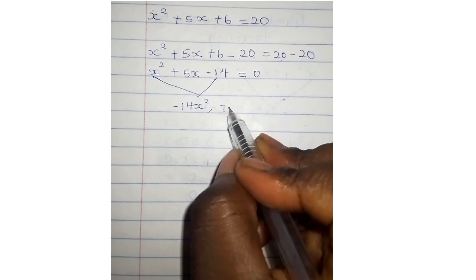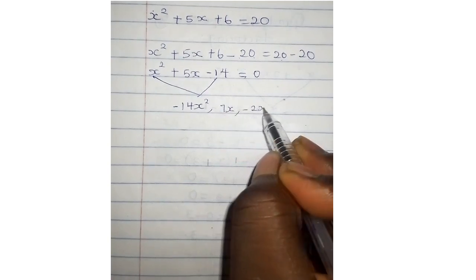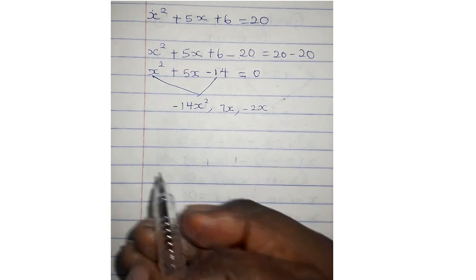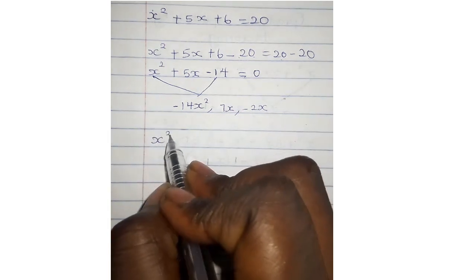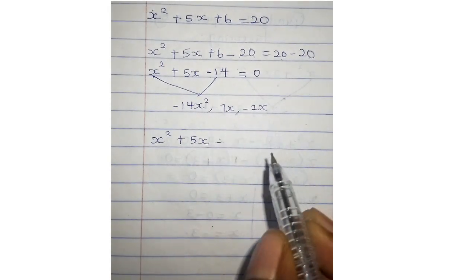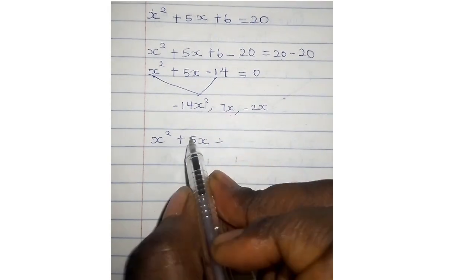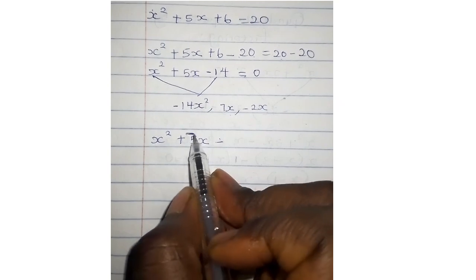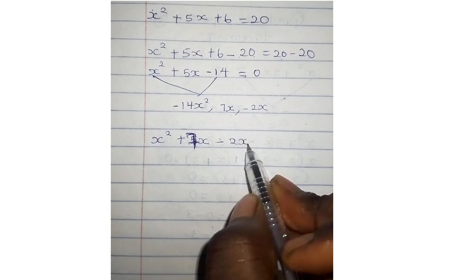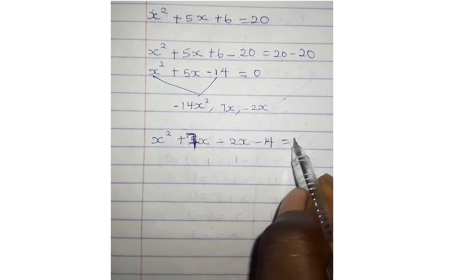So we have 7x and negative 2x. In place of 5x, we're going to put these numbers. So it's going to become x squared plus 7x minus 2x minus 14 all equal to 0.